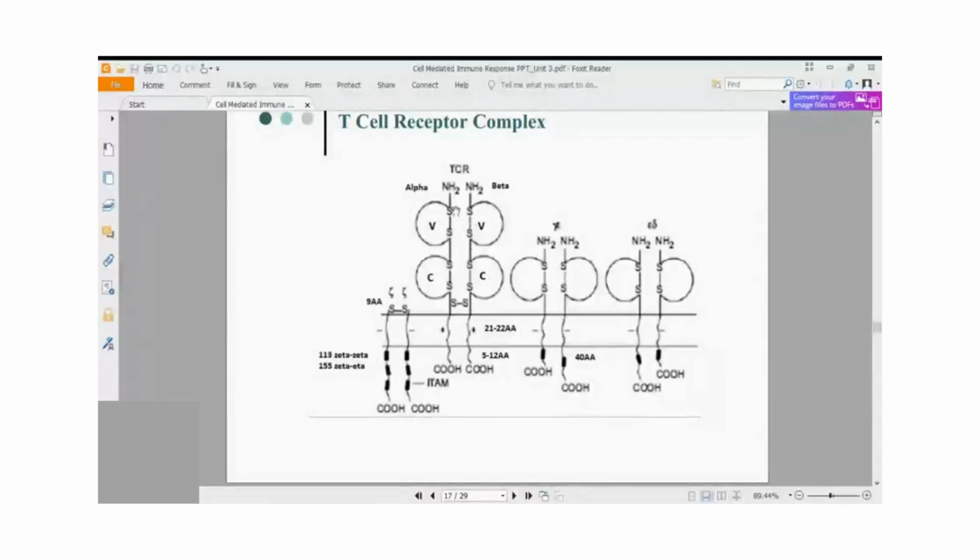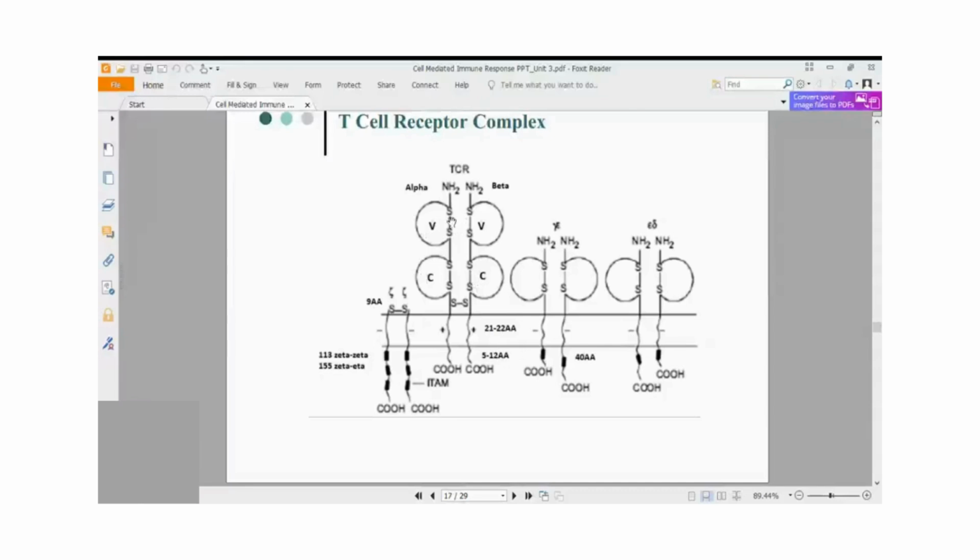Okay, and different variable region domains have the possibility to combine with one constant region domain, just like in the case of kappa chain of the antibody. Kappa light chain had only one constant region and several variable region gene segments, and any one of that gene segment can be selected for recombination with the constant region.